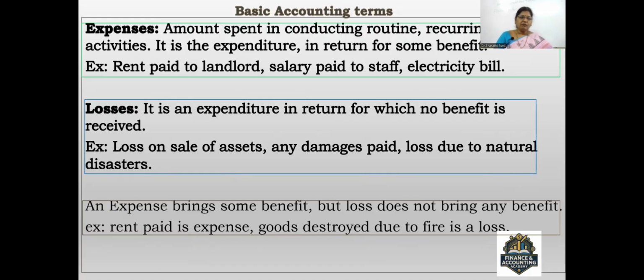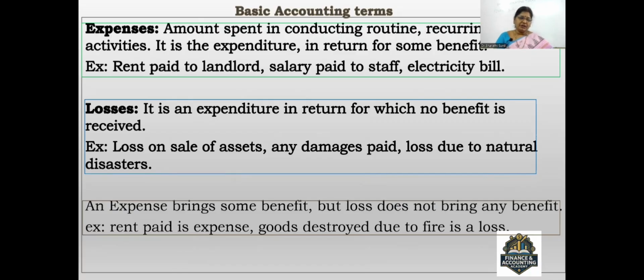Next, losses. What is loss? Whatever expenditure we are making, but that expenditure is not giving us any benefit. Here I would like to give an example. We bought some assets and we have used them in our business, but when we are selling those assets after some time, we are getting a loss.